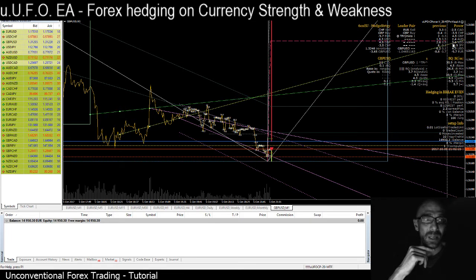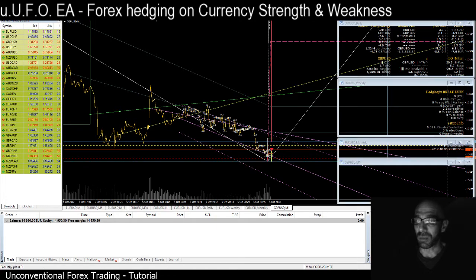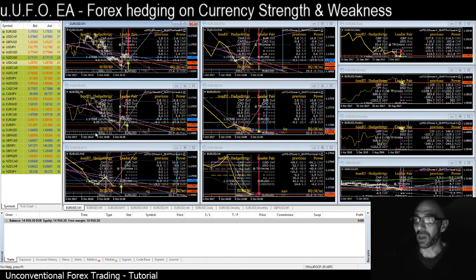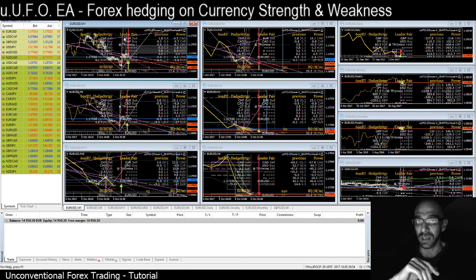But I hope that this explanation provided you an inspiration on how to read the markets. So normally you should read the markets by having all the currency pairs. Here we have only Euro US dollar, but if you see my previous videos, you see that I have also applied my algorithm to all the currency pairs for reading the chart values in the graphical section and in the hedging section.